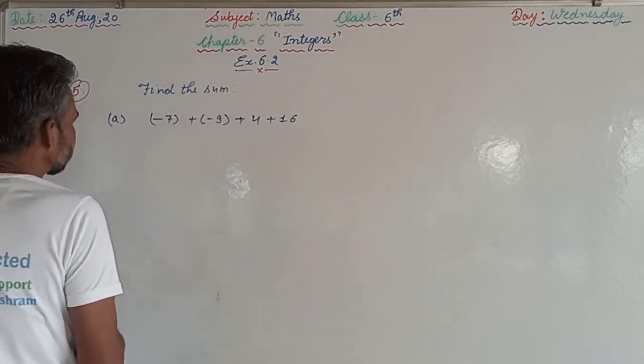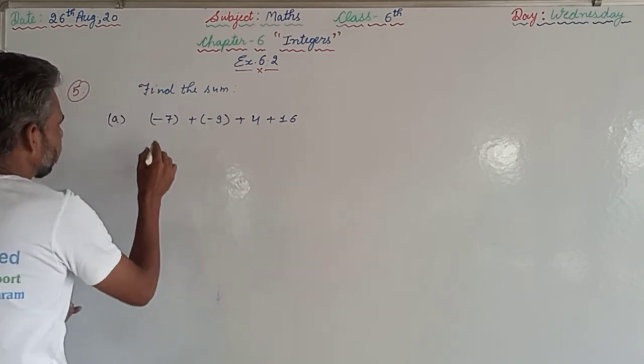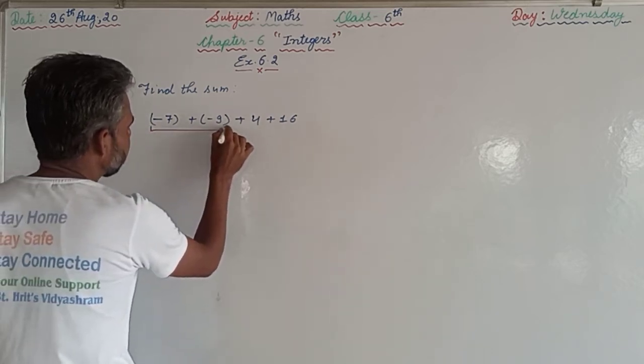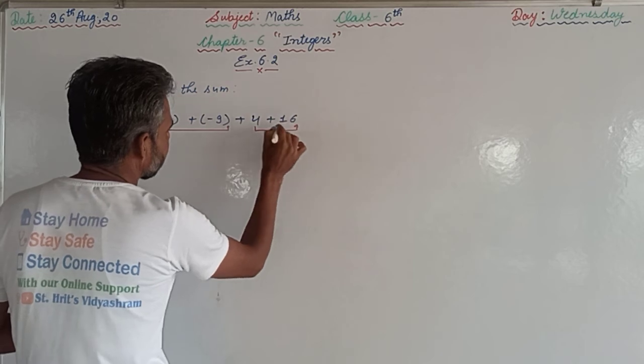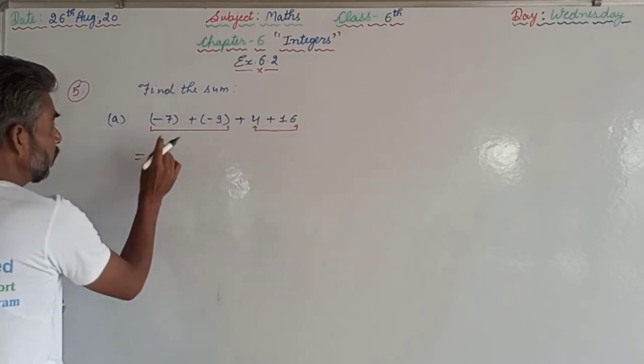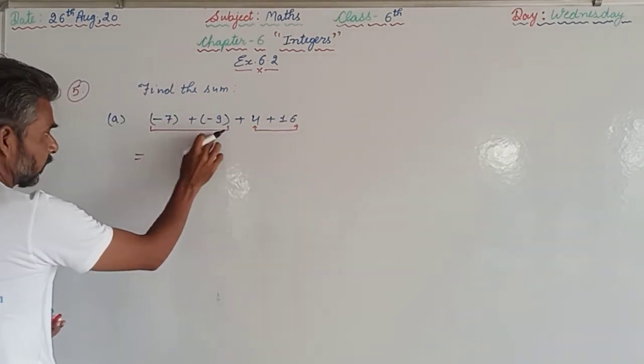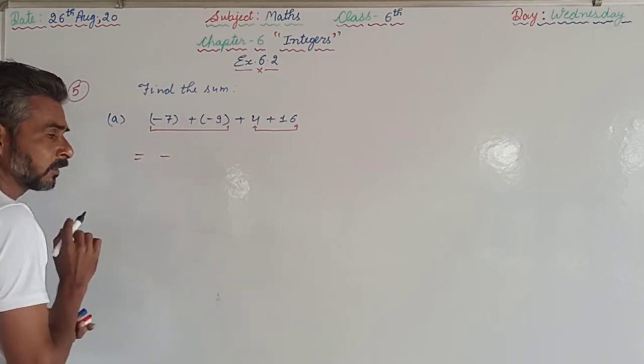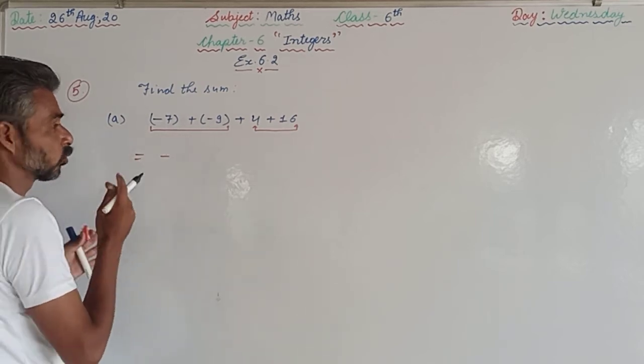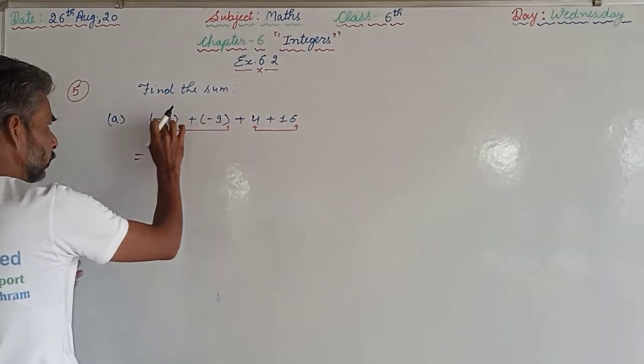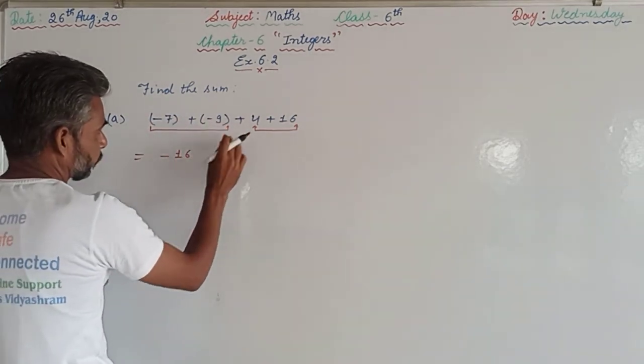So what we will do, first of all we will make a pair here and here. Both are having the negative sign, so the answer will be negative, and we are supposed to add 9 plus 7, 16.